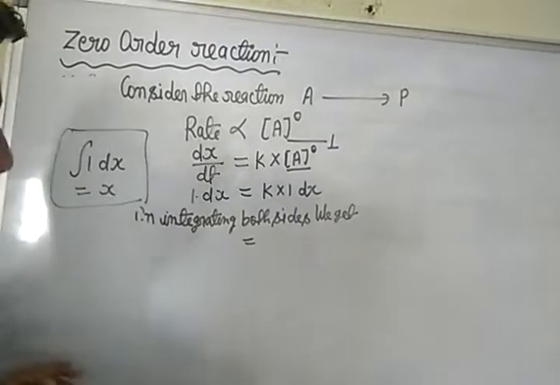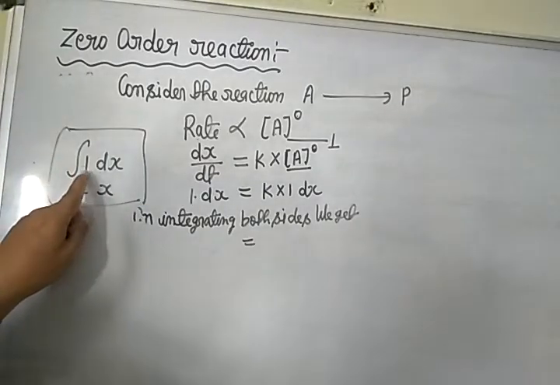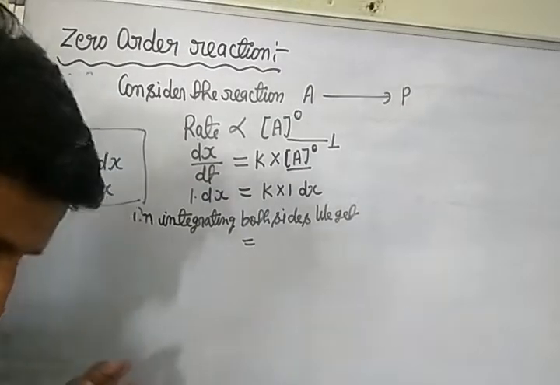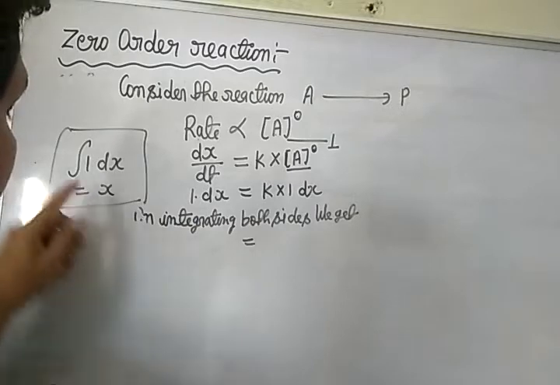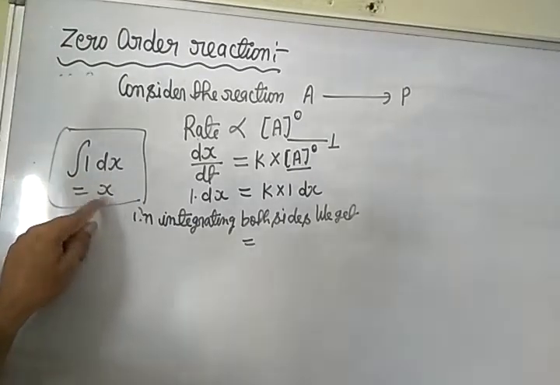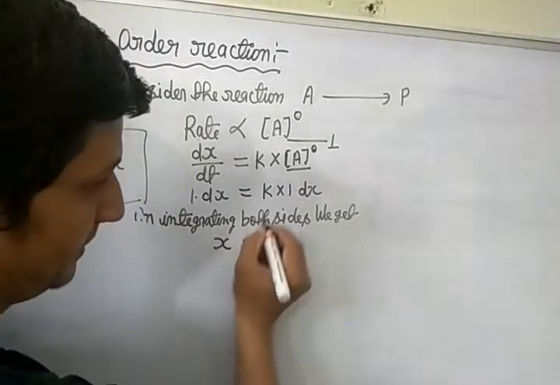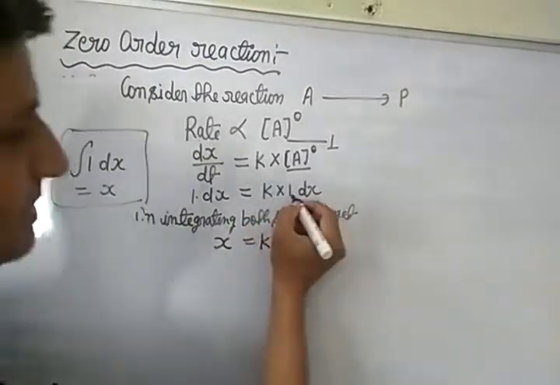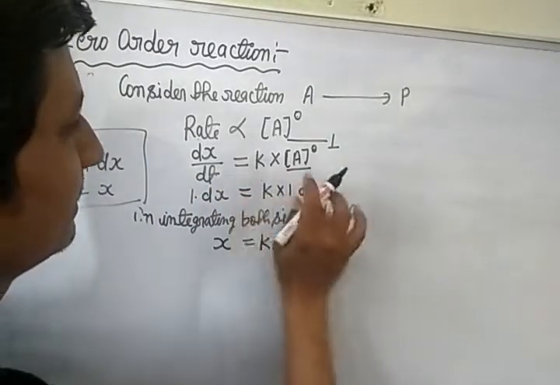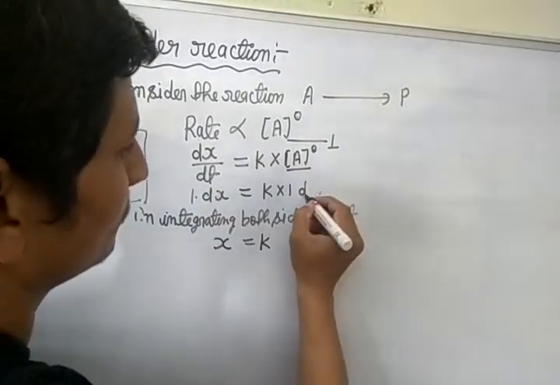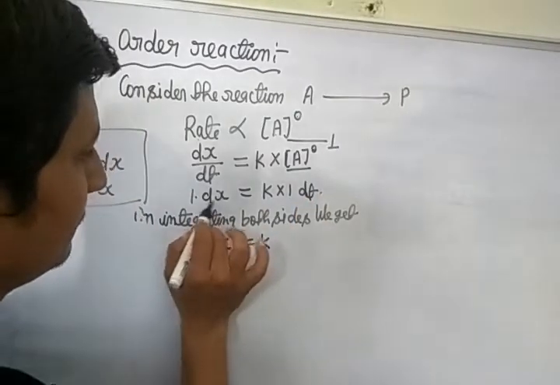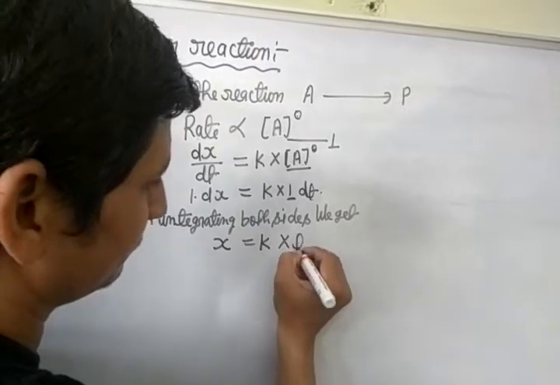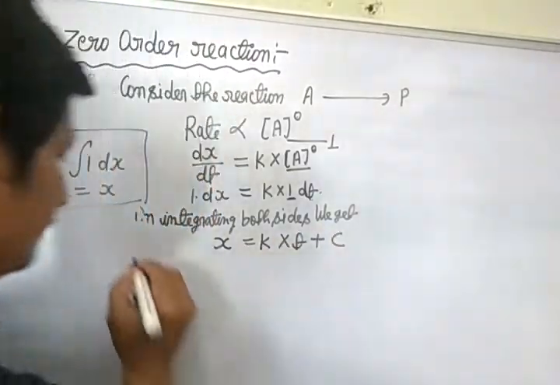Students related to biology, I am telling you, integration of 1 is x, and mathematics students know it very well because integration is taught by their mathematics teacher. After this, the constant k stays outside, and again integration of 1 with respect to t, we have to take dt. So with respect to x we get x, and with respect to t we get t plus c.